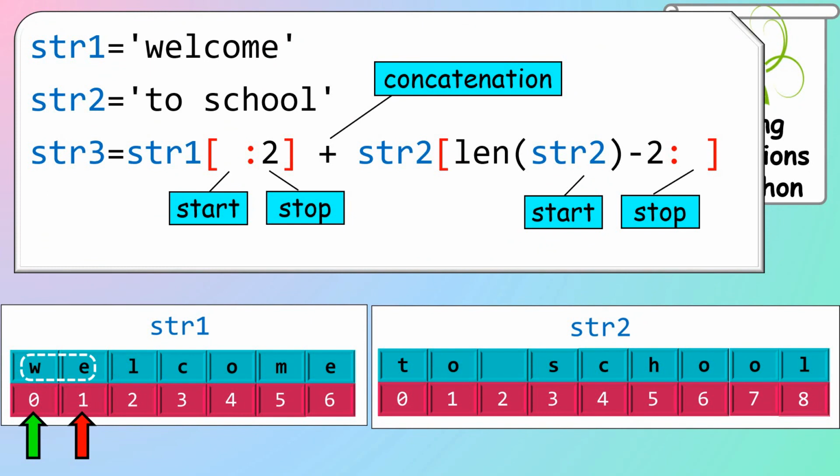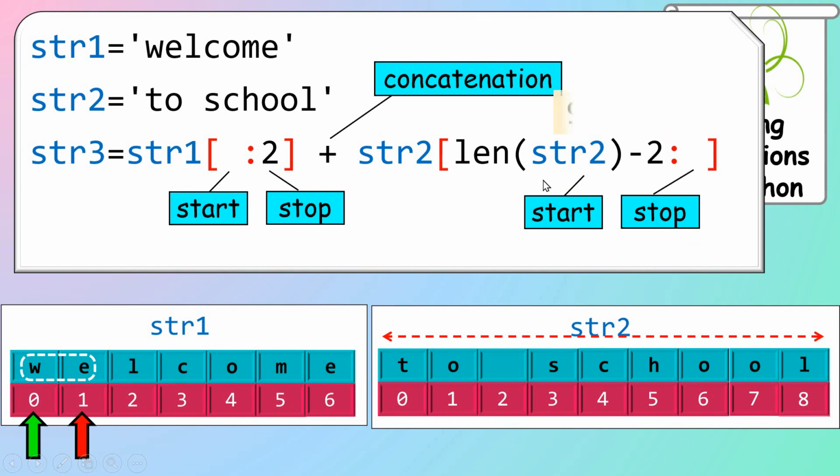So we have to calculate that expression first. Len is a function which will give the number of characters in that string. Len of str2 will count the number of characters in str2. So look at str2. In str2 the string to school is stored. So you have to count the number of characters in this string. T, O, space, S, C, H, O, O, L. There are totally 9 characters in str2. Therefore, len of str2 is 9.